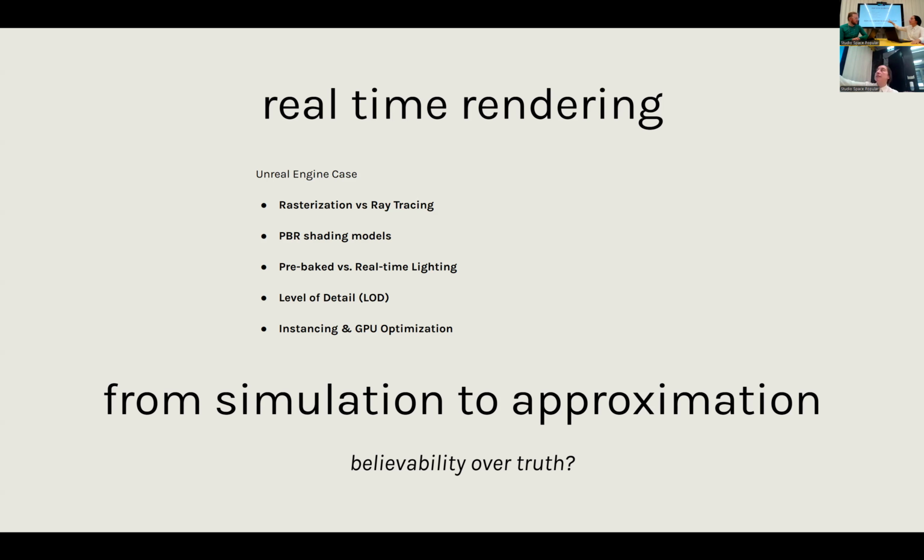And level of detail, for example, which is a term you might use, has to do with the way we perceive these worlds. If a model is very close to us, it will have a very high level of detail, but we usually create 5 versions of that model, and the 5th one looks like a potato. But when it's really far away, you read it as the object because, going back, pattern recognition.